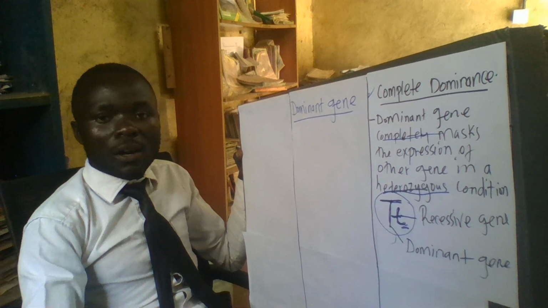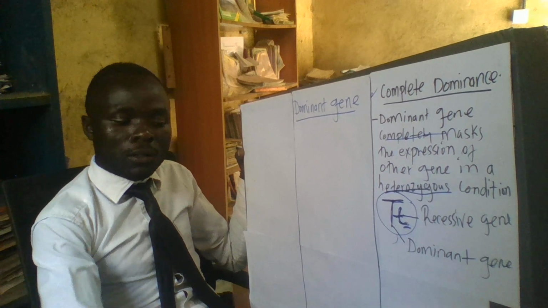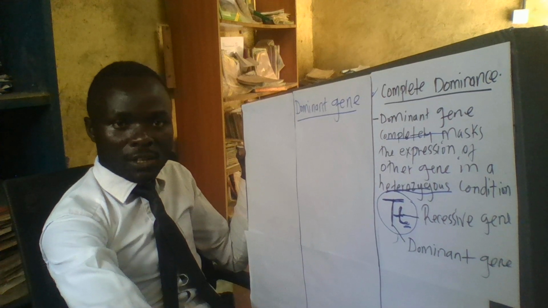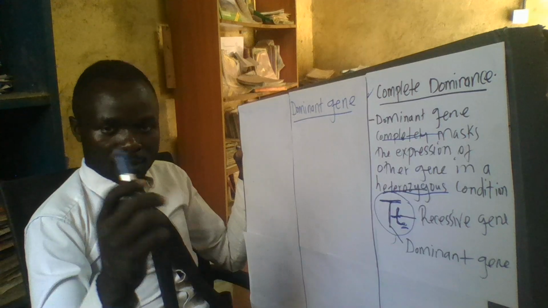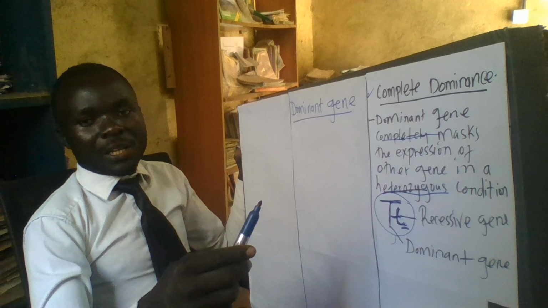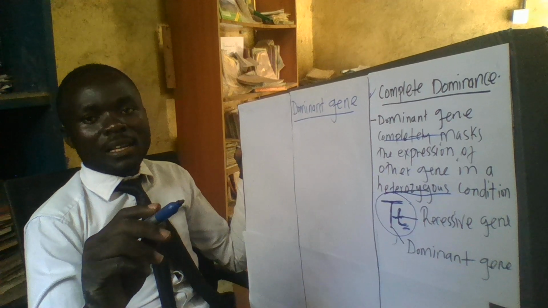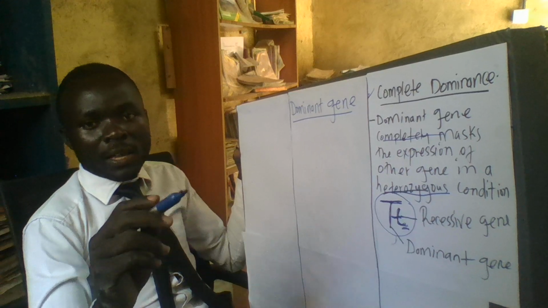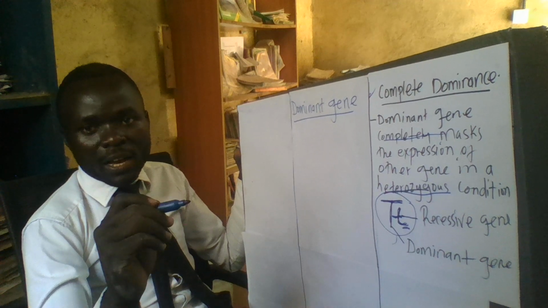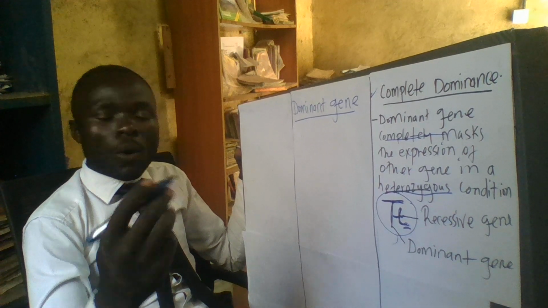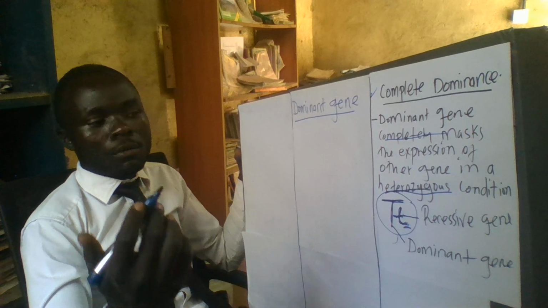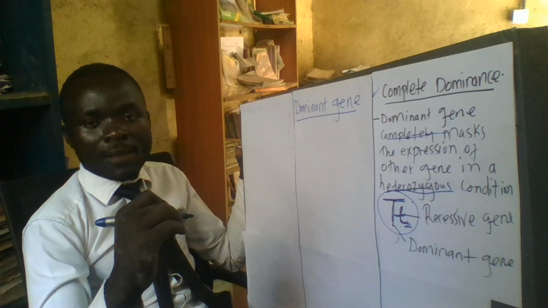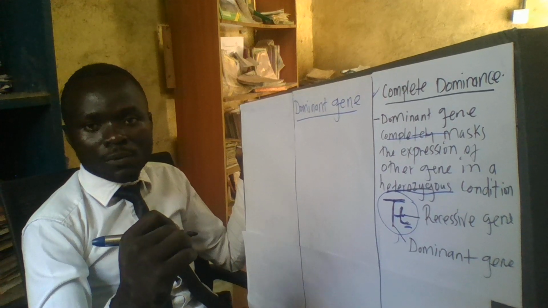That is what we refer to as complete dominance. In other words, in this case, one of the genes is dominant and the other one is recessive.